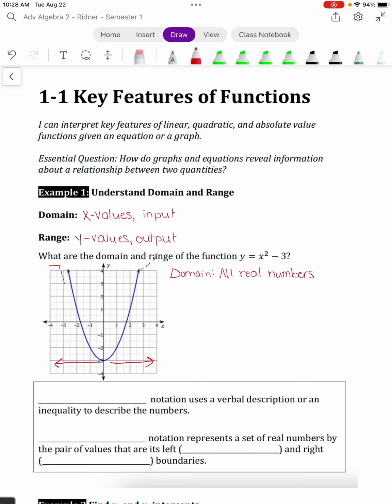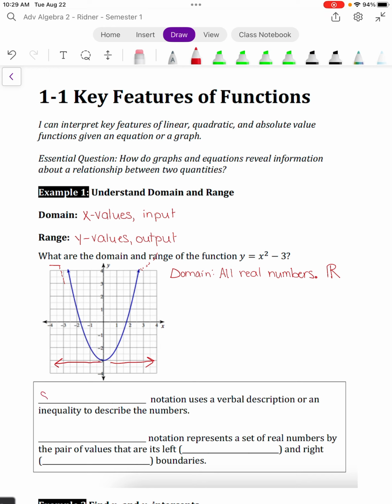Something you won't see in your textbook, but Miss Reidner might use, is the super lazy way to just put an R symbol. So it's kind of like the paragraph symbol. You make 2 lines, and then you make it a capital R. That's all that means is all real numbers, and that is one way to write it.